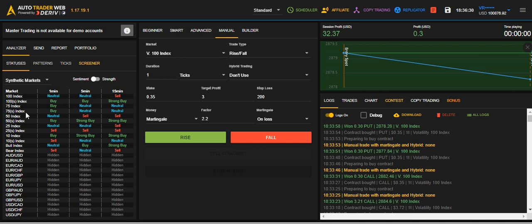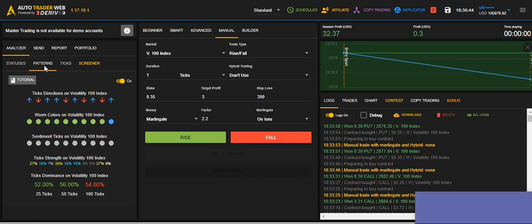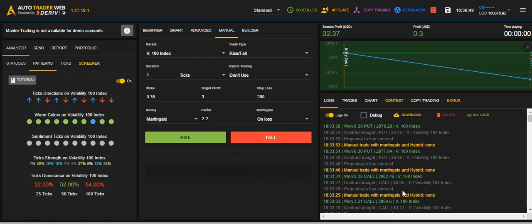This particular status is based on the technical support overall. Whether overall is a strong buy or strong sell, the patterns are very important. It's based on the tick movement.